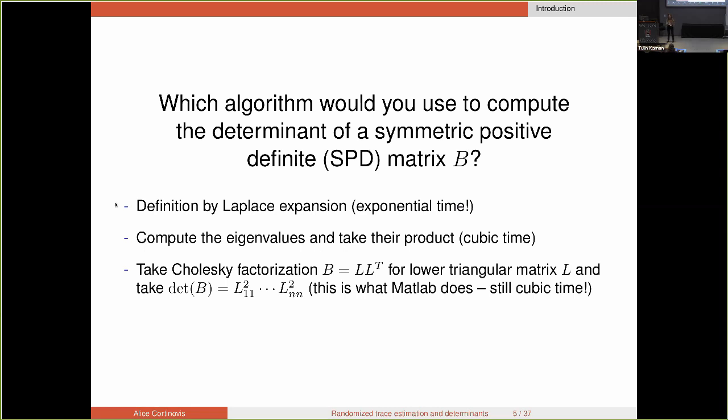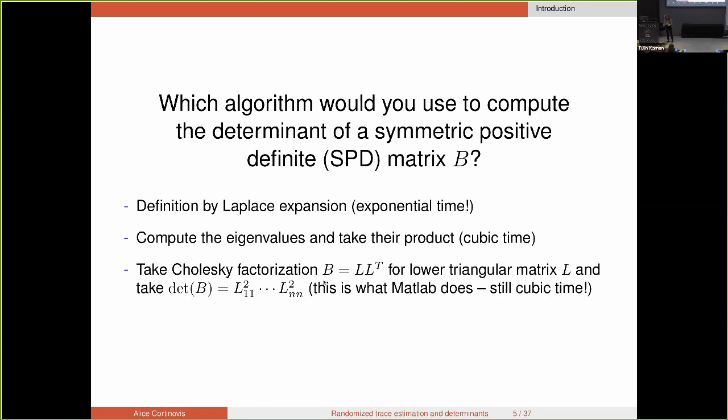This is just a bad idea because it takes exponential time. One thing you can do is go via eigenvalues. The determinant of a matrix is just the product of its eigenvalues, so you can compute the eigenvalues and take the product. Or the standard method is actually to use a Cholesky factorization of the matrix B. This is what MATLAB does, I believe.